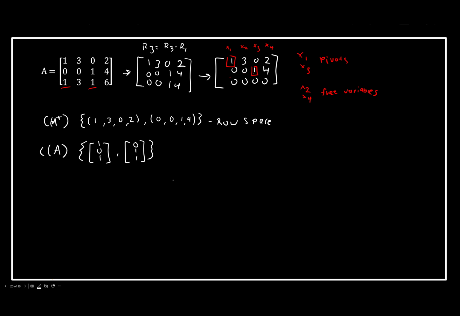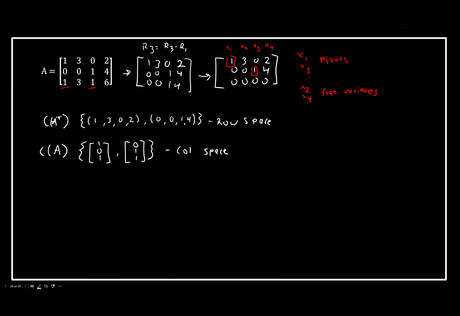Sorry, you said space. So it's the column space of the transpose, right? Yeah. That's where you get this kind of notation C of A transpose. Are we looking at the transpose of the original or the transpose of the reduced version? The transpose of the original.